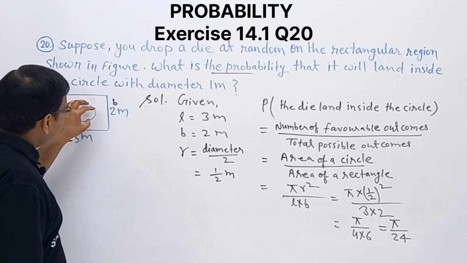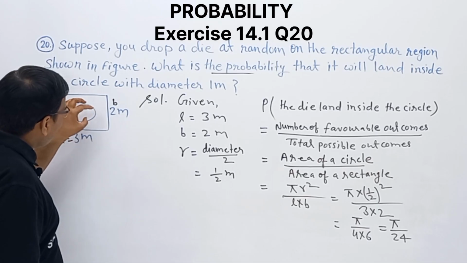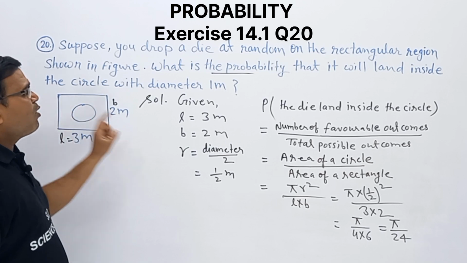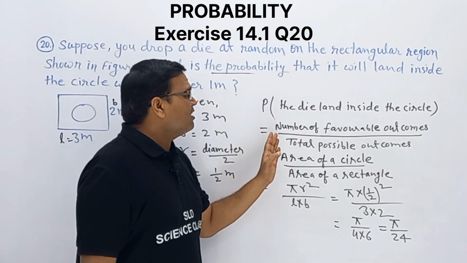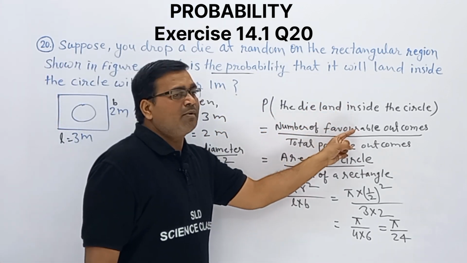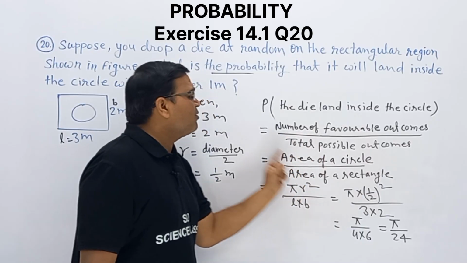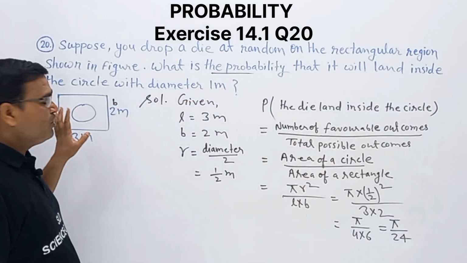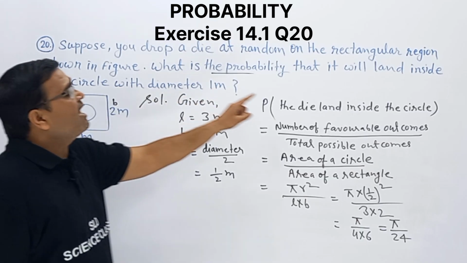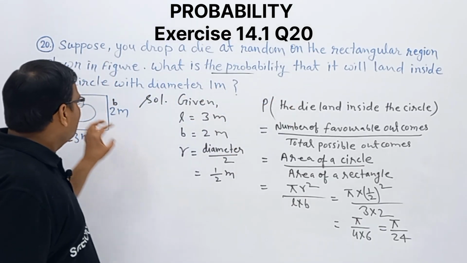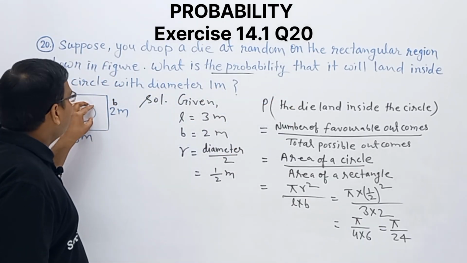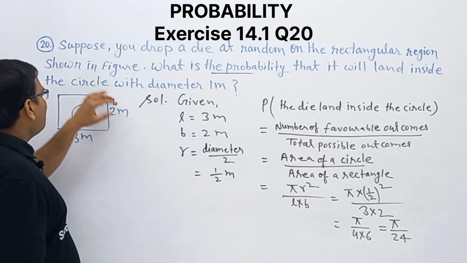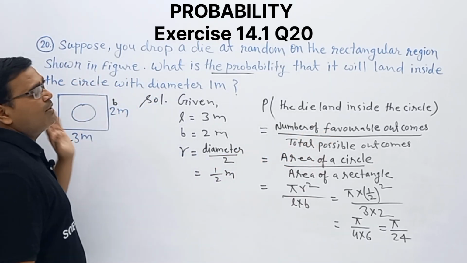The number of favorable outcomes will be the area of a circle, divided by total possible outcomes, the area of a rectangle.